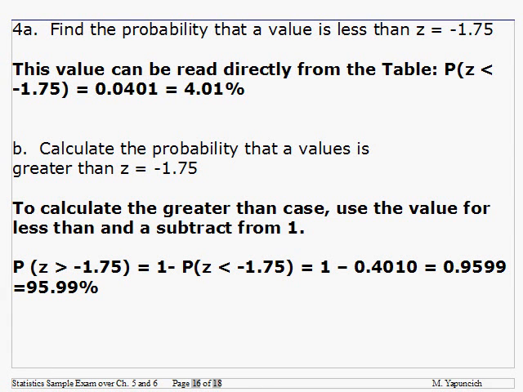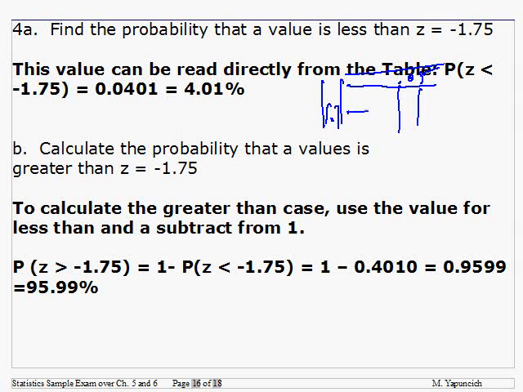So you have to find the probability the value is less than z equal to minus 1.75. You read this right from the table. You read the 1.7 in the first column. So in this column you're looking for 1.7, and then you go over along the first row looking for 0.05.